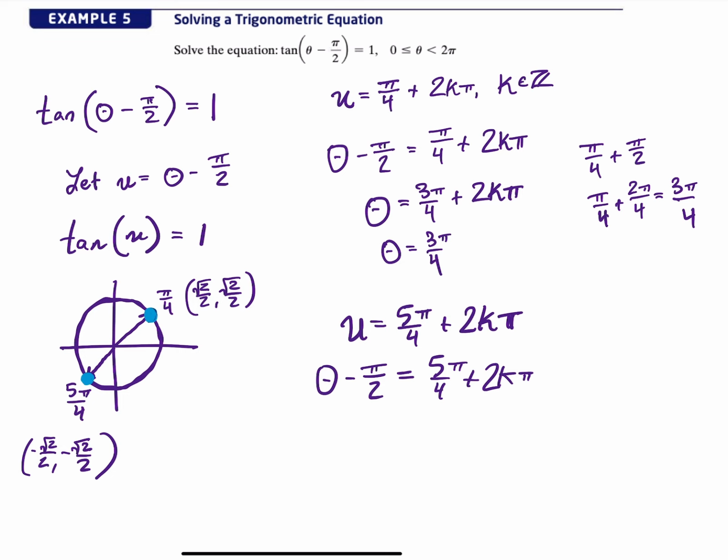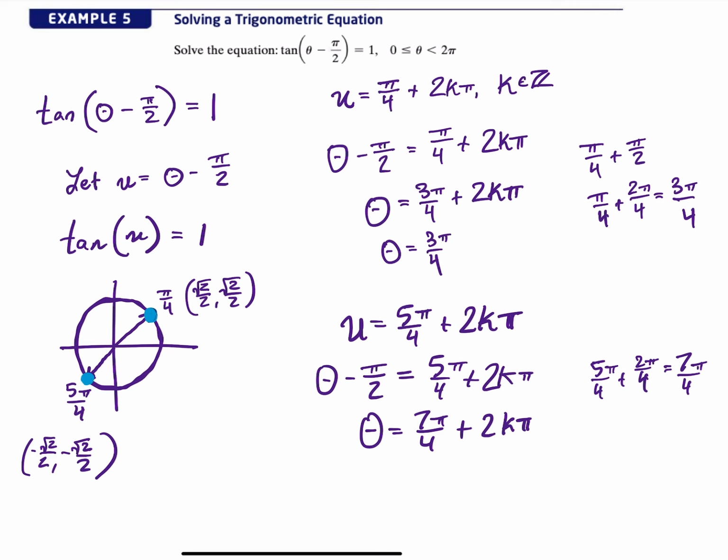So just like last time, we'll have to add the pi over 2 over. So it'll combine with the 5 pi over 4. So 5 pi over 4 plus 2 pi over 4, that's our pi over 2, would be 7 pi over 4. So theta will equal 7 pi over 4 plus all coterminal angles, or plus all multiples of 2 pi.